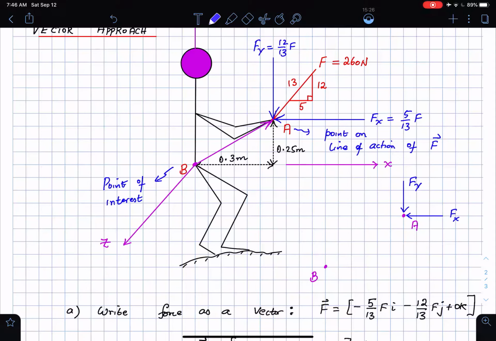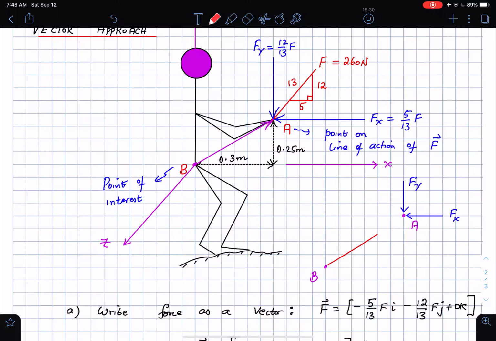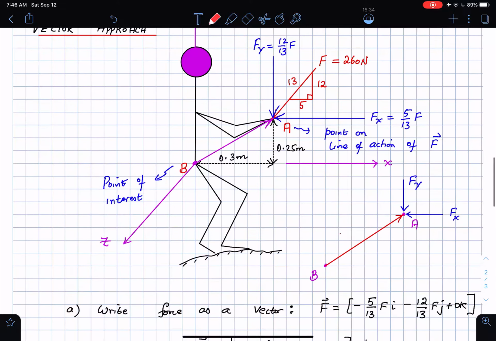And then my position vector is going to be from the point B to the point A. Okay. So this is going to be r starting from the point B going to the point A, so RBA. So this guy here is RBA. And I want to show that this is just a blown up view of what we are seeing there.